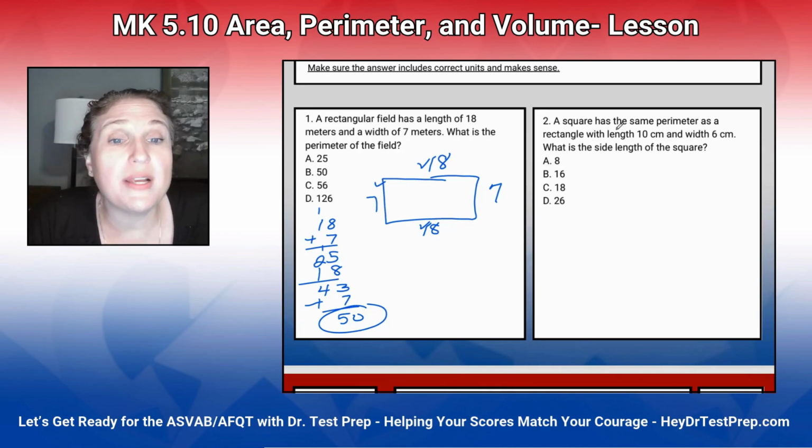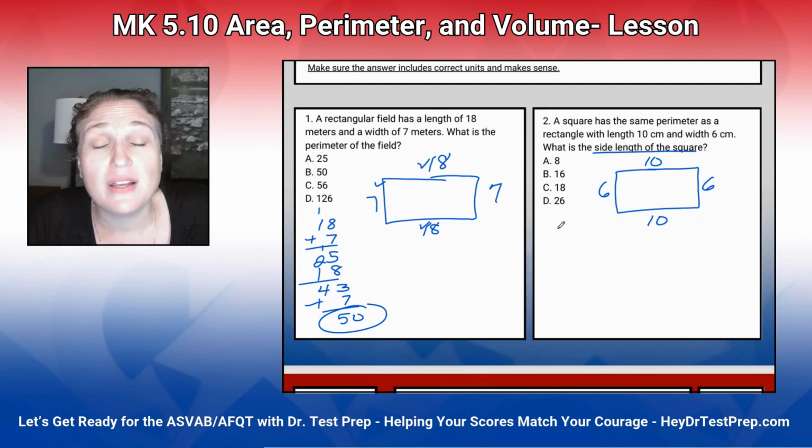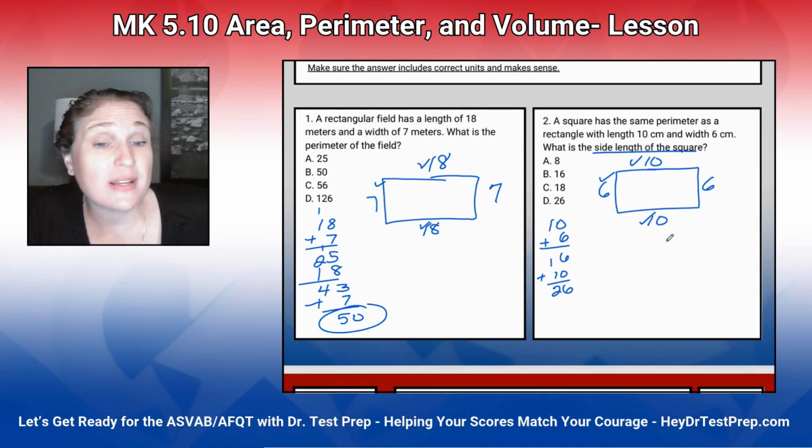All right, here it's a multi-step. It says a square has the same perimeter as a rectangle. What's the side of the square? Well, first, my rectangle has sides of 10 and 6. So I'm going to just add across. 10 plus 6 gives me 16. Plus 10 gives me 26. And I like having my students put checks because that way they know they added that number.